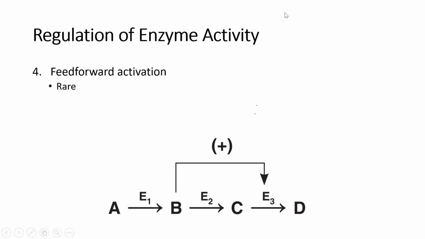So I've got a question here. Is feedback inhibition similar to negative feedback? Yes, we can think of feedback inhibition as being similar in some regard to negative feedback. The presence of a high concentration of a product will go back and turn off the enzyme that's creating that product. So it is a form of negative feedback, which is feedback inhibition, not feed-forward activation.